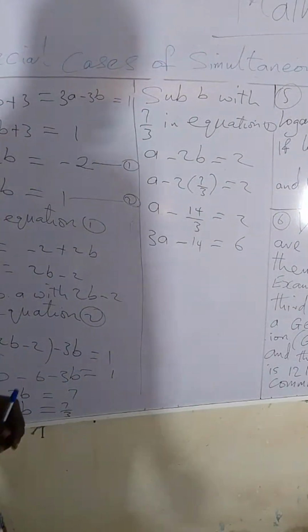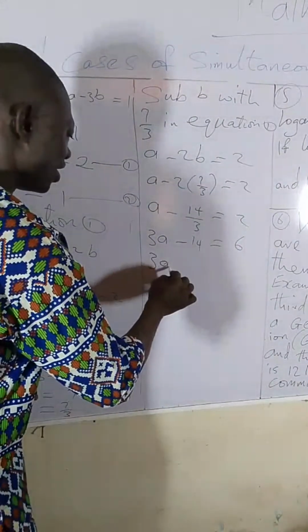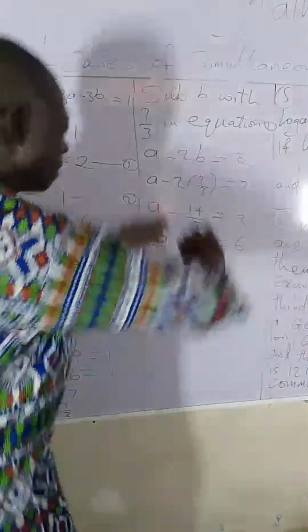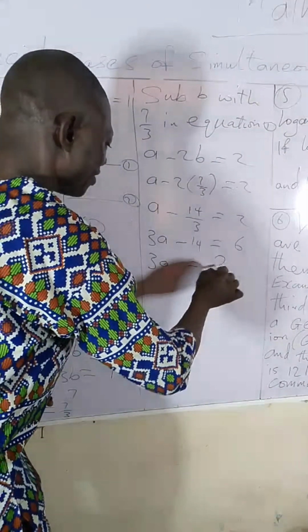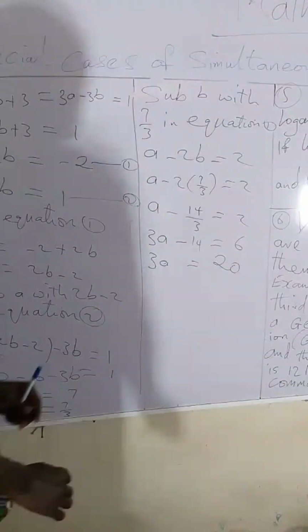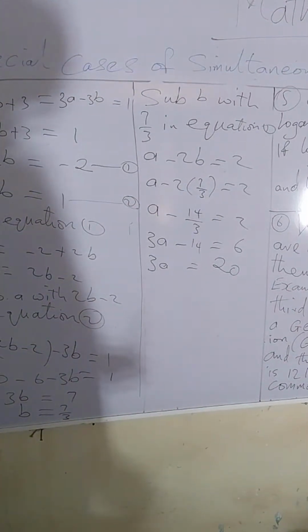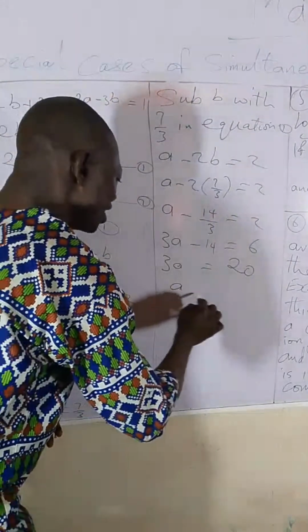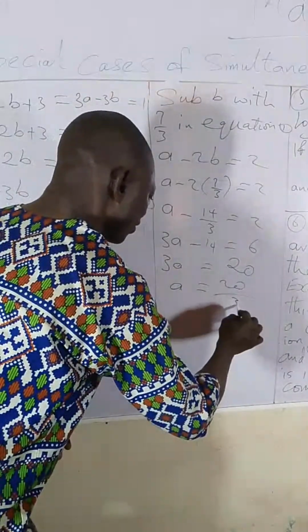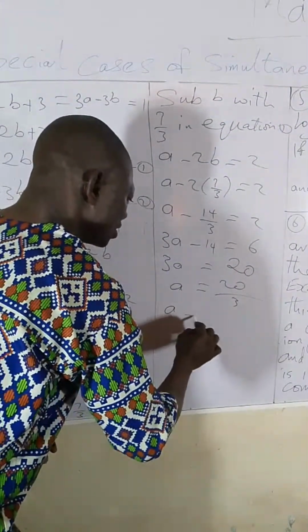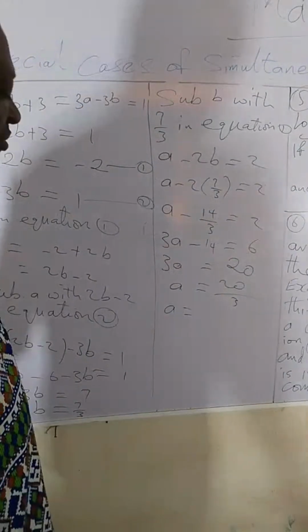We can now collect like terms. So we have 3a is equal to 6 plus 14 will give us 20. So 3a is equal to 20. And then a is equal to 20 over 3, which means a is equal to, what do we divide with?